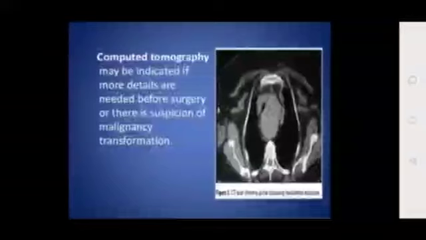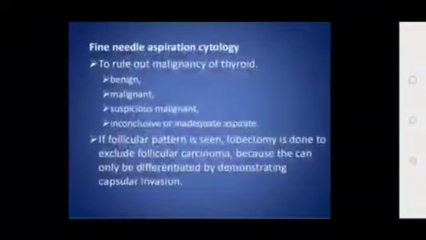Other than this, CT may be indicated if more details are needed for surgery or there is suspicion of malignant transformation. Other than this, FNAC is one of the most important investigations to be done. It is done to rule out malignancy of the thyroid. It can be benign, malignant, suspicious, inconclusive, or an inadequate aspirate.